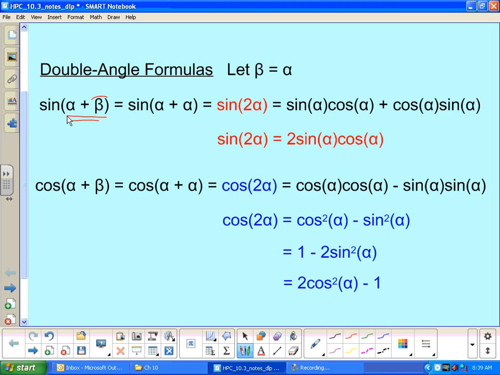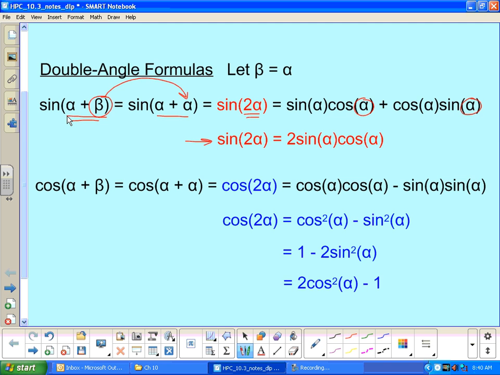If, instead of an alpha and a beta, we have another alpha angle, then alpha plus alpha becomes 2 alpha, twice the same angle, and this is where double angle comes from. We replace all those betas with alphas and end up with sine alpha cosine alpha plus another sine alpha cosine alpha. So we have 2 sine alpha cosine alpha. There's our double angle formula for sine.